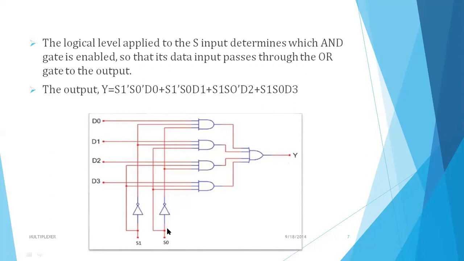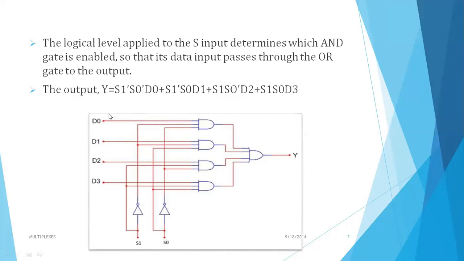See here, S naught is 0 and S1 is also 0. This line is going to the input here, and the value will be complemented, that is 0 to 1. Here also 0 is becoming 1.